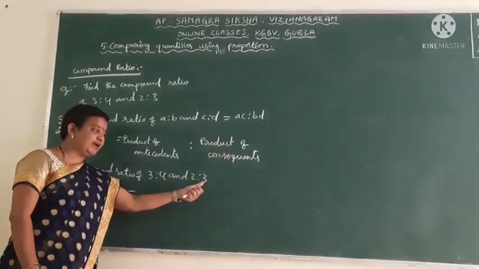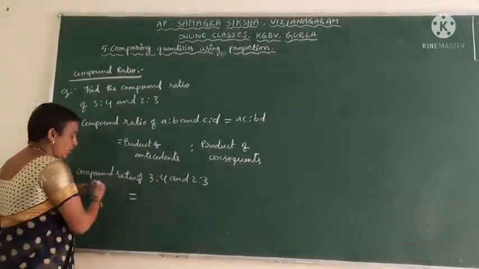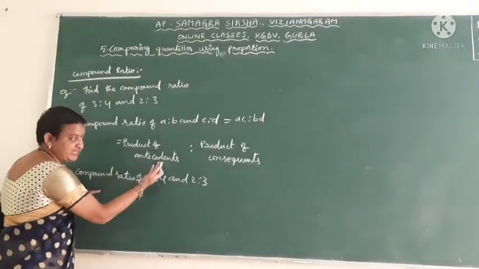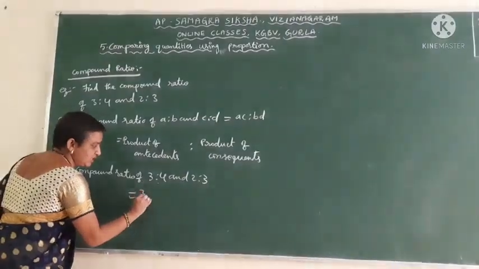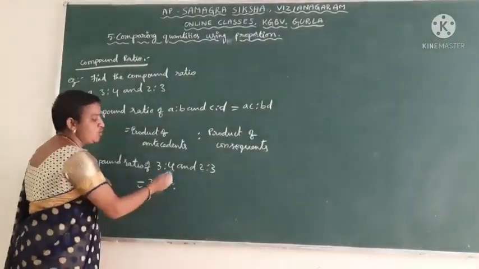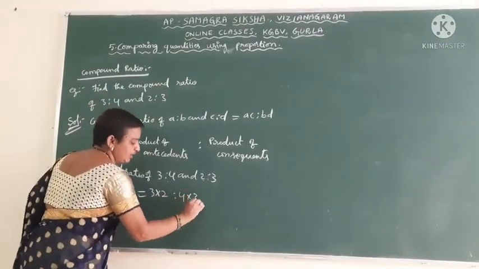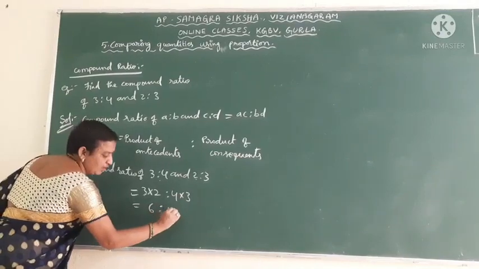Consequence are 4 and 3 because these are the second terms. So compound ratio means product of antecedents to product of consequence. So here the first term 3 into 2 is to 4 into 3 equals to 3 2s are 6 is to 4 3s are 12. Okay.